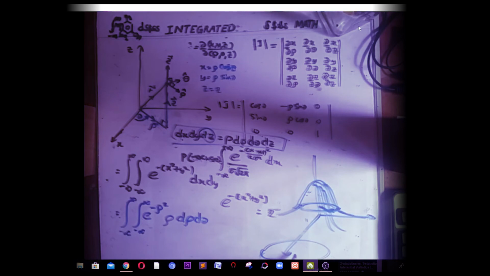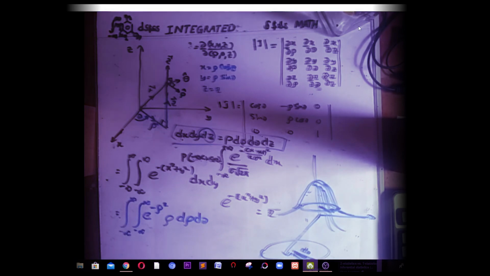This is the center here. This is the arc. This angle is going to be equal to d theta. This is a rho. The arc can be written as rho d theta. If you pick a very tiny area from the solid body, a very tiny molecule, this is d rho, measured along the rho direction.